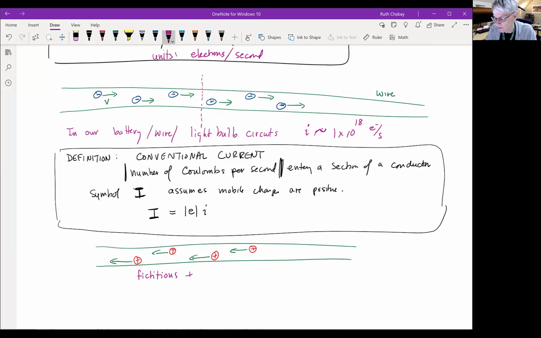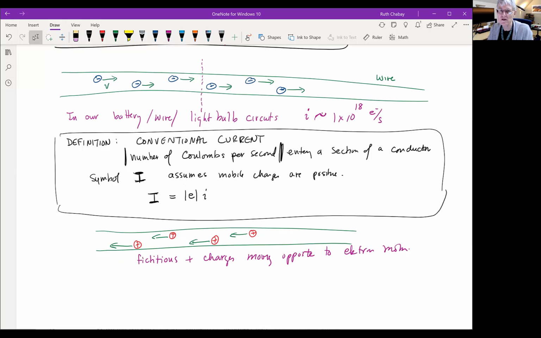Now, there are a lot of situations in which this gives you exactly the same results, and we'll have to see what this means for magnetic fields.